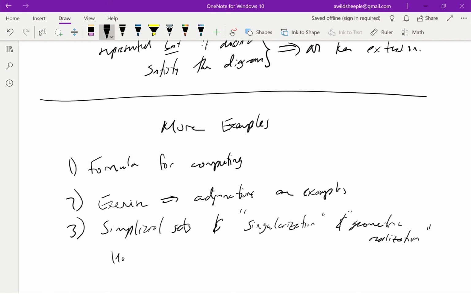So maybe I include tensor. Maybe this is really better off as 2.5, because it's a consequence of the exercise, which in turn is a consequence of the formula. So really what we're going to do in the next video is understand this formula, and then from here produce a bunch of more interesting, or maybe less toyish and more sophisticated examples.